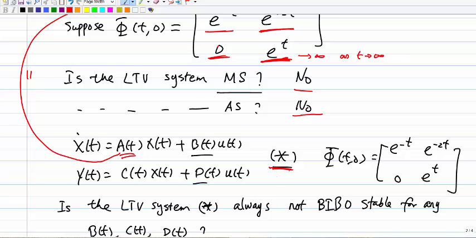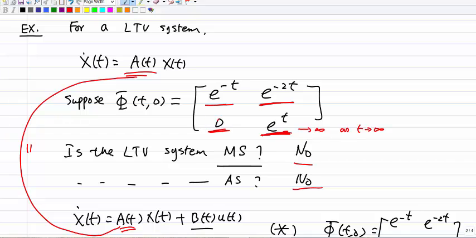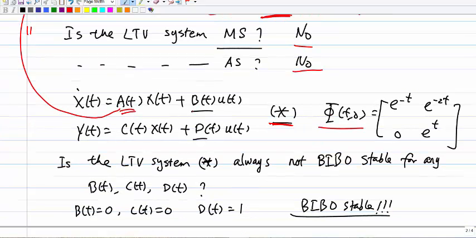Let's say this system is given by star, and my transient matrix phi is still given by this, the same. I don't give you B, C and D yet. So my question is: is the linear time variant system given by star always not BIBO stable for any B(t), C(t), and D(t)? It's not marginally stable, and not asymptotically stable.